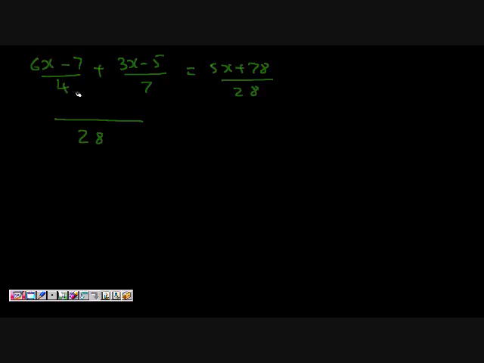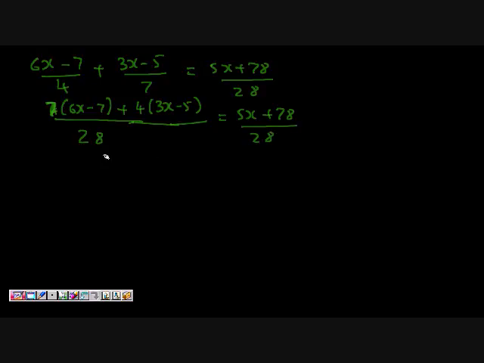So 4 goes into 28 7 times, so 6x minus 7 multiplied by 7, and we know that 7 goes into 28 4 times, so 4 times 3x minus 5 is equal to 5x plus 78 divided by 28.